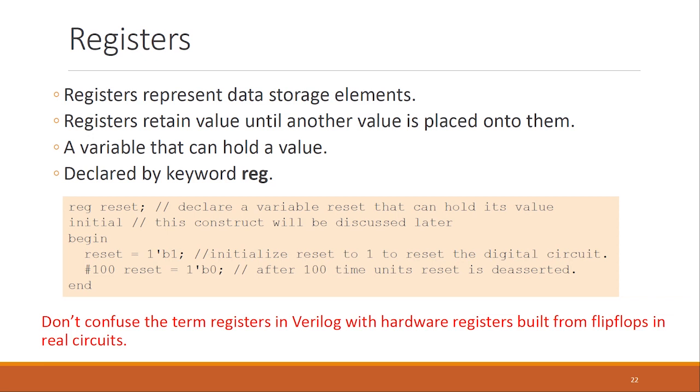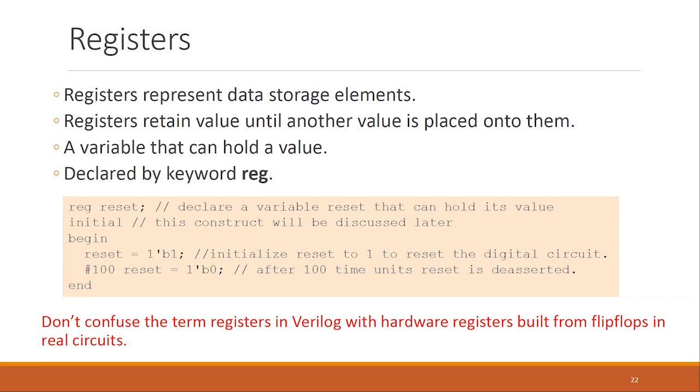If you look at the rest, you can see reset is equal to 1 apostrophe b1. That is 1 apostrophe b1, which means a 1-bit number equal to logic 1, and you make reset equal to 1. So you can make a reg variable equal to a value by using a syntax like this. And after 100 time units, there's something that you don't know yet, which is hash 100.